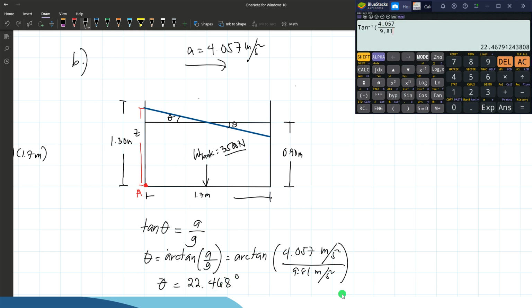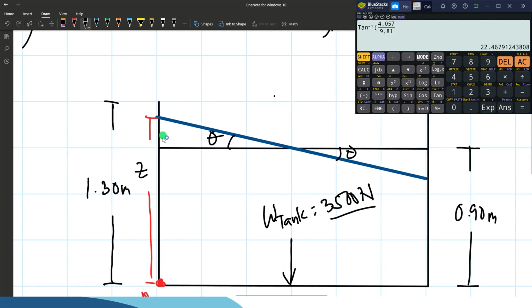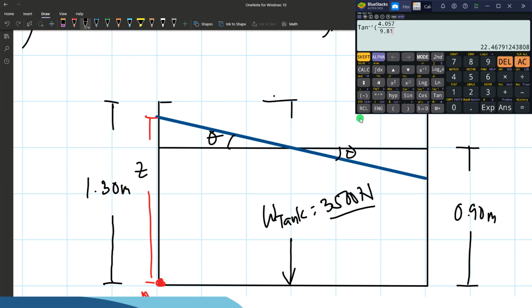Okay, so where can we use this angle? In order for us to compute distance z based on the figure, when the liquid surface tilts, it is equally distributed from the center.